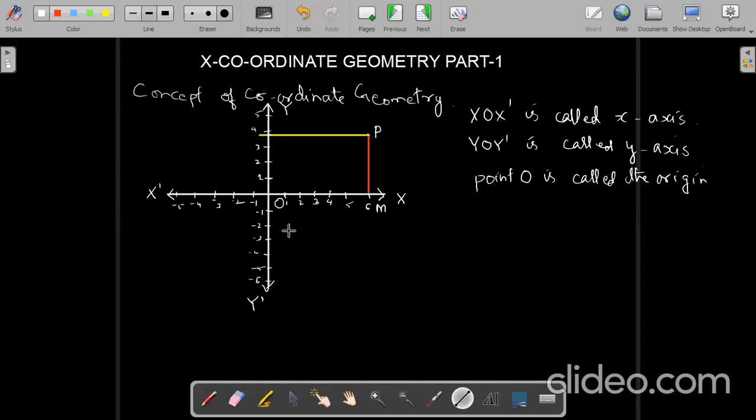That we will see later on. So this is the perpendicular from P to the y-axis.